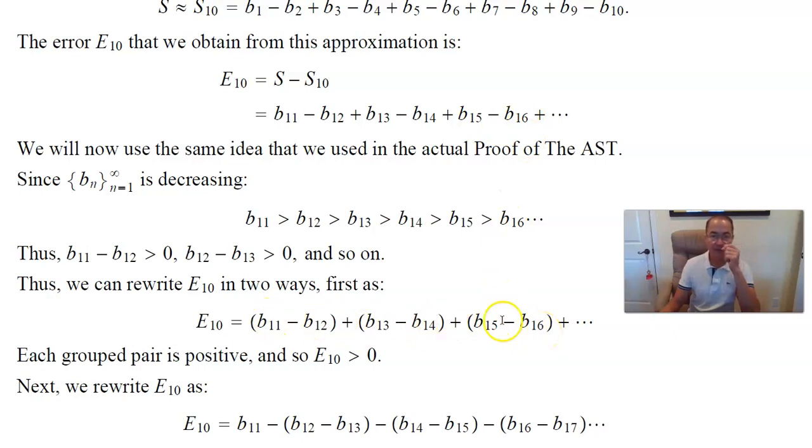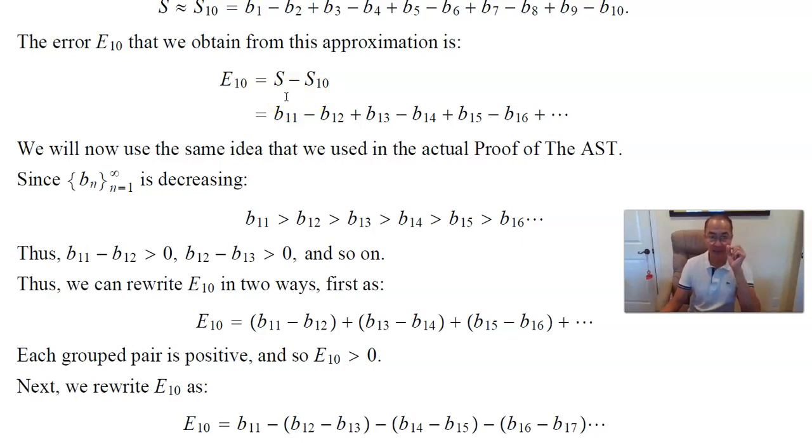Positive, positive, positive, everything is positive, so therefore E10 is positive. So in other words, the error that we get from approximating S10 from S is an underestimate, and that's because S10 plus E10 is S. E10 is positive, so S10 is smaller than the exact value for S.